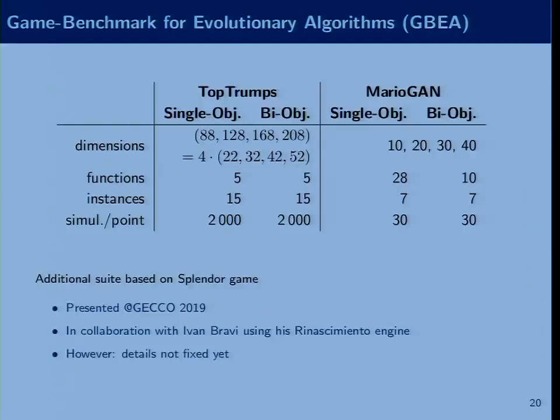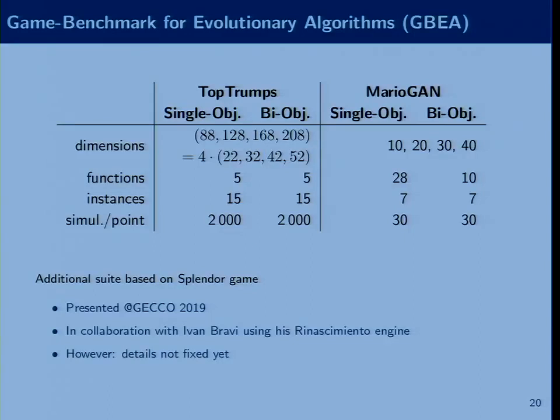Okay, and here's a short overview on the dimensions, functions, and instances, as well as simulation score points we have for the four suites. So we have the top term suite, single objective and bi-objective. The dimensions are all the same for both suites.